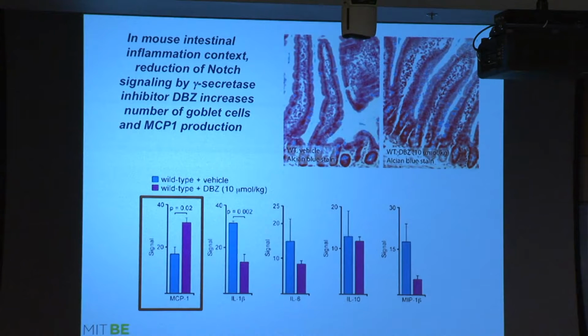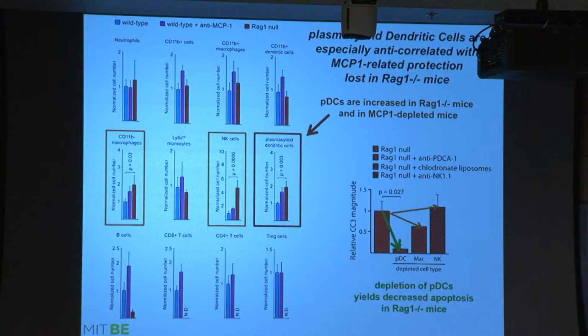So it turns out if you do that with a gamma secretase inhibitor, yes, you can change the amount of MCP1 by increasing the amount of goblet cells. So just by tuning up the goblet cells, you get more MCP1, and in fact, then you get less apoptosis.